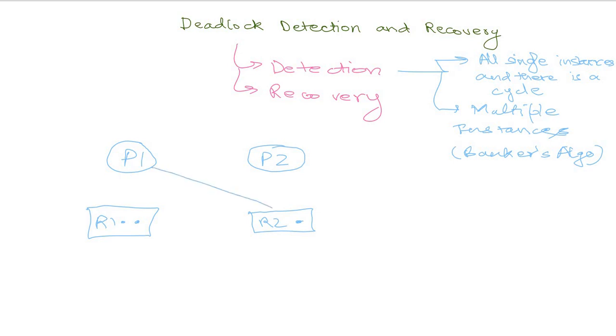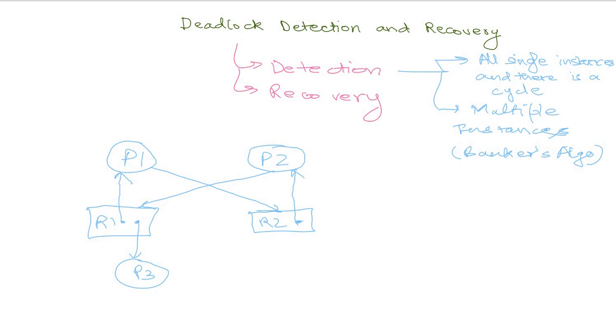And let's say P1 is waiting for R2, where this instance of R2 is held by P2, and P2 is waiting for R1, where this instance is held by P1 and this instance is held by another process, P3.